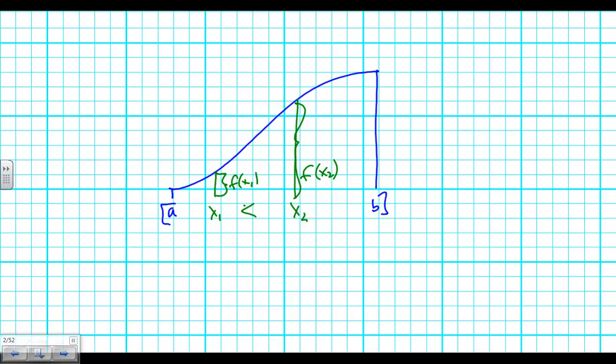Now, let's say we have a horizontal tangent there. So the derivative is equal to 0. But could my x sub 1 be right there? And is it true that for any place I put x sub 2, all those values further on are bigger?